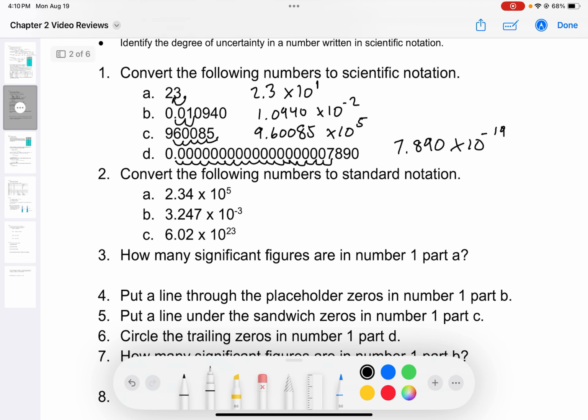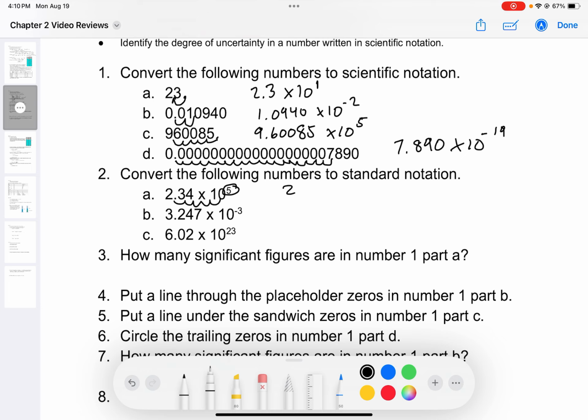So now in number 2, we have the numbers in scientific notation. We need to convert them to standard notation. Notice here, our first number, 2.34 times 10 to the 5th power, we are going to convert it to standard notation, which means I need to move this decimal point 1, 2, 3, 4, 5 spots to the right, because the exponent is 5.